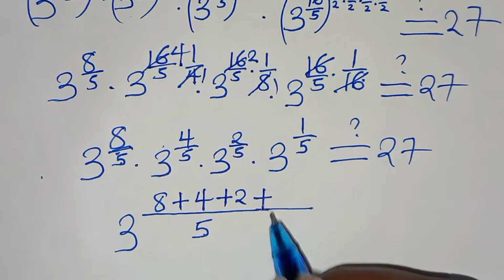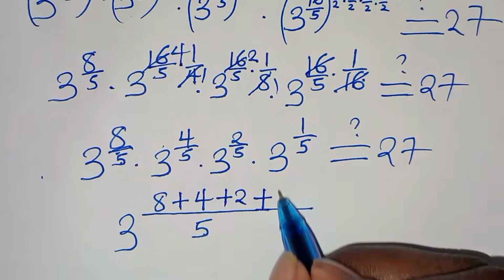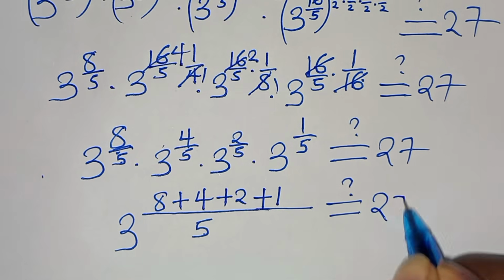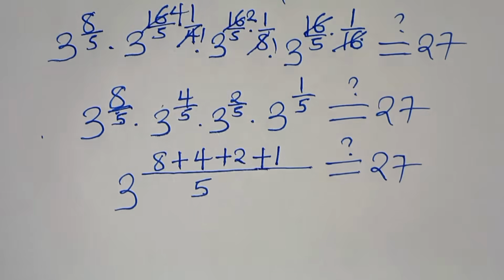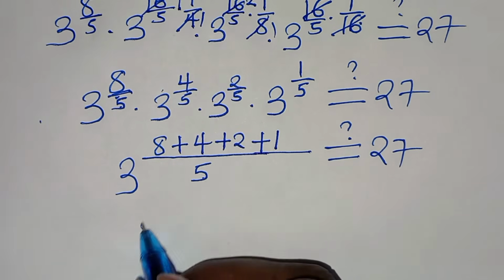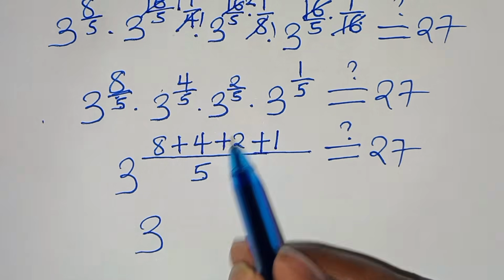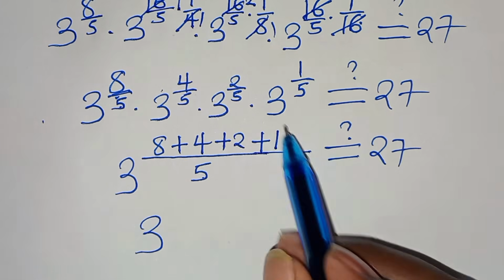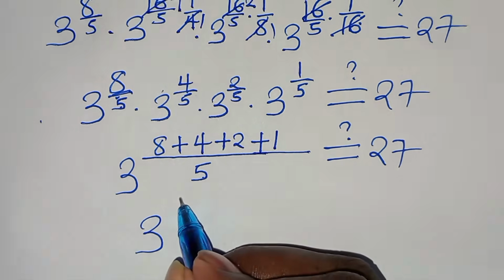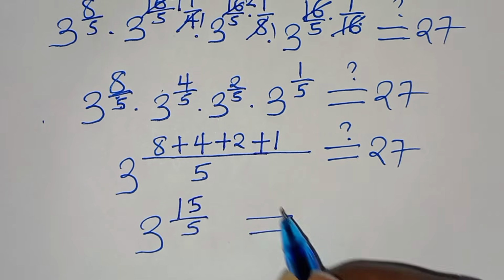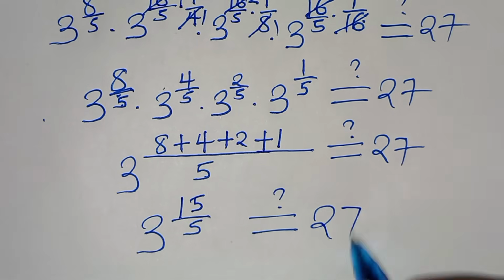Then plus 5 divided by 5 is 1, times 1, this is 1. This again is supposed to give us a value of 27. So we have 3 to the power of 8 plus 4, this is 12, plus 2, this is 14, plus 1, this is 15. So we have 3 raised to the power of 15 over 5. This should give us a value of 27.